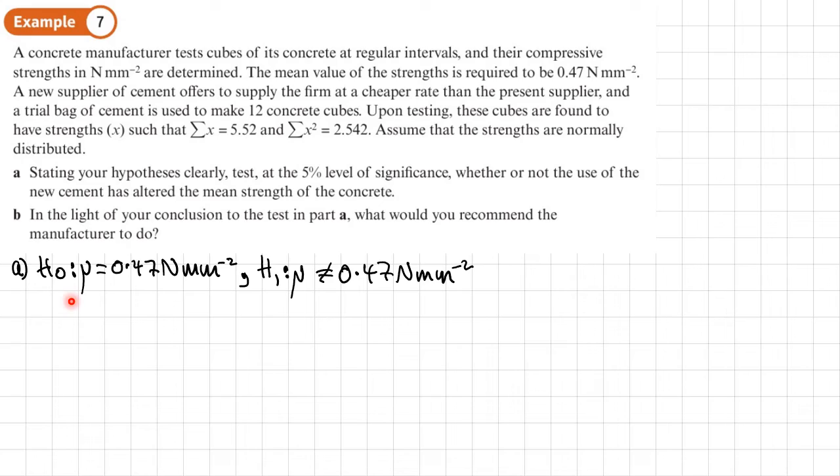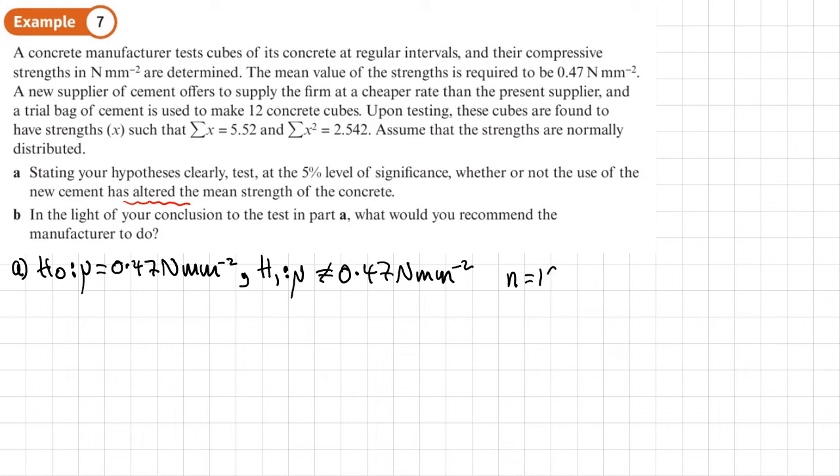So we start with H0 and H1. Now the word altered here, rather than increased or decreased, means that H1 is going to be not equal to, and this is going to be a two-tailed test. So let's start with our t distribution.